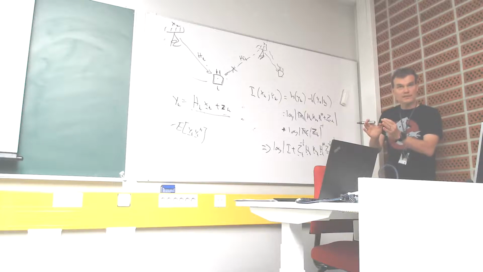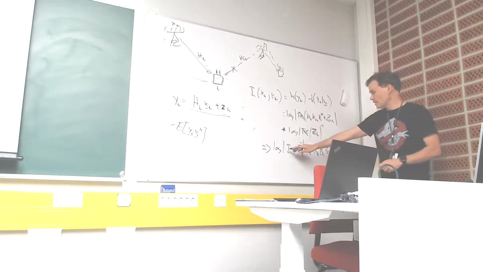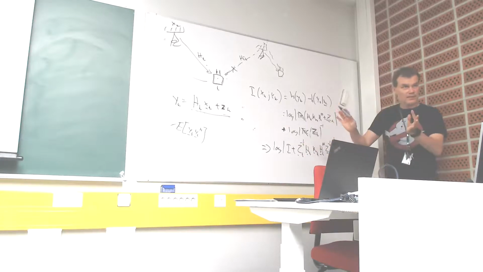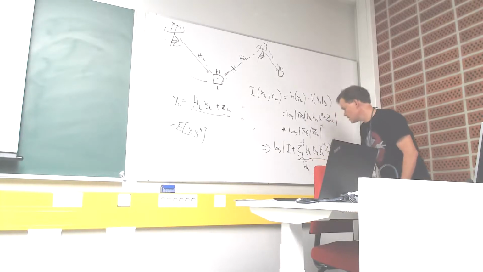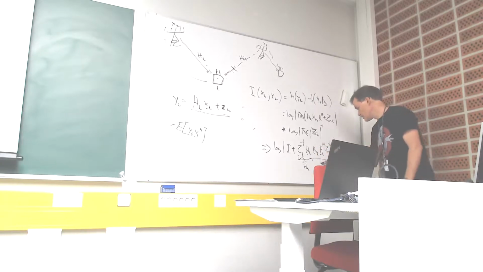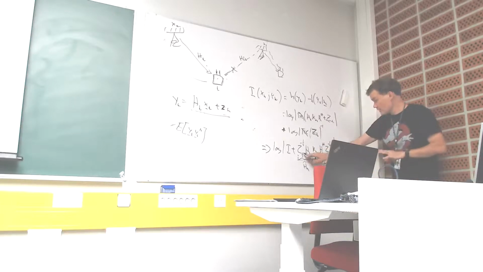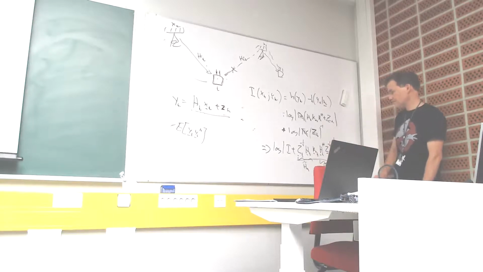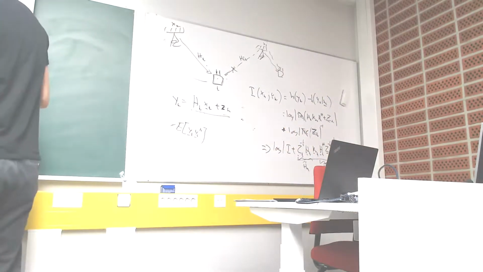Product of determinants is determinant of products. And then using det(I plus AB) equals det(I plus BA), you get to this. Now we can call this term H tilde K, because Z is fixed and HK is fixed. We can just combine these two matrices into one and call it H tilde K. So now we are back to the point-to-point MIMO with whitened noise.